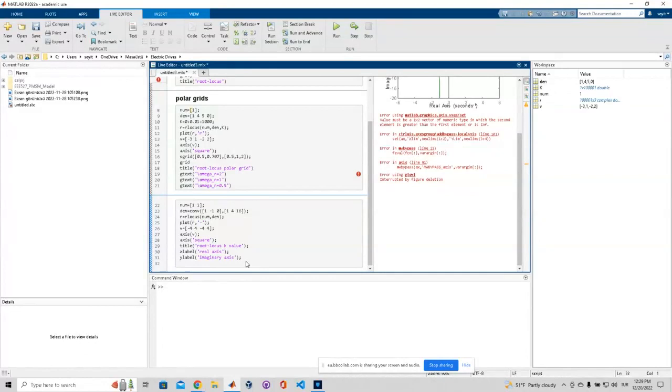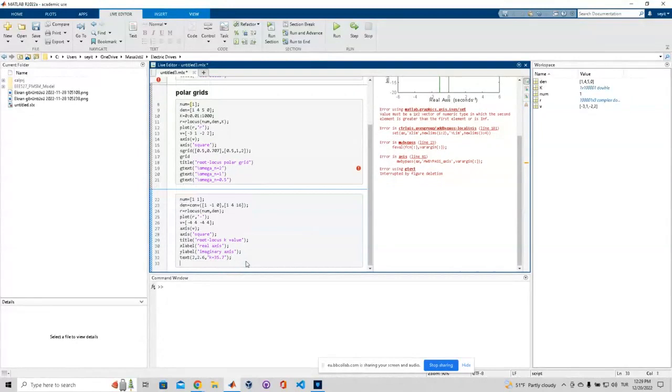So here now we're going to define our K value for the locus diagram. Inside you just write your text for the value, okay, 2.6, comma, and your K equals 435.7, let's see. All right.